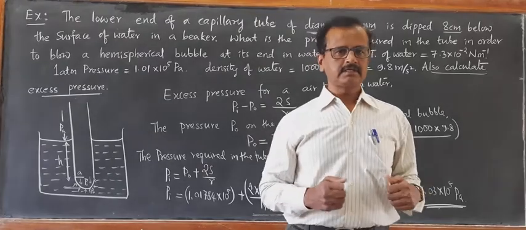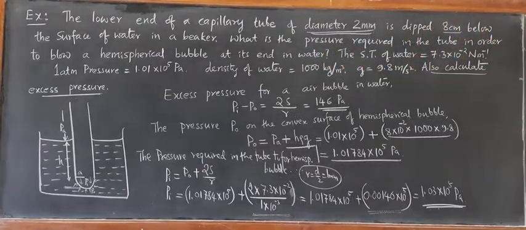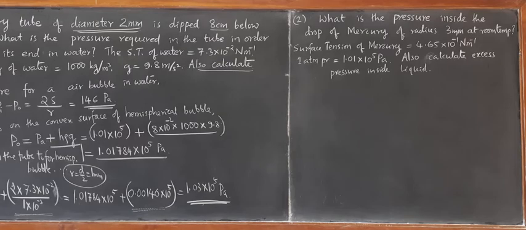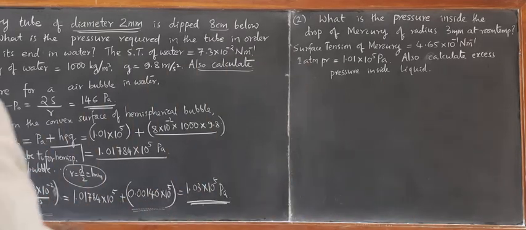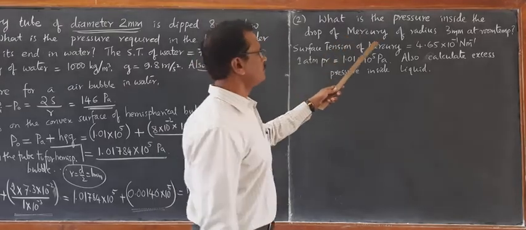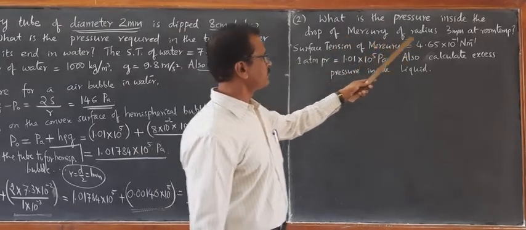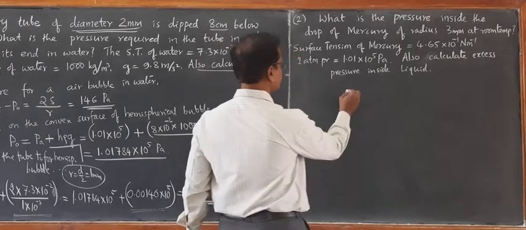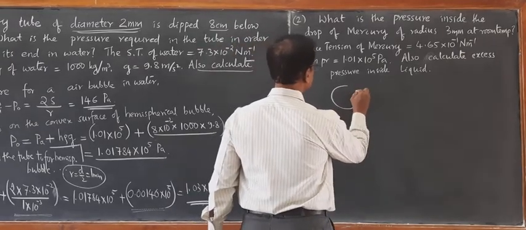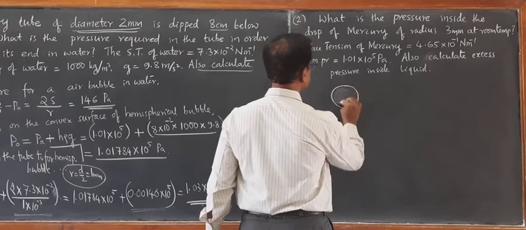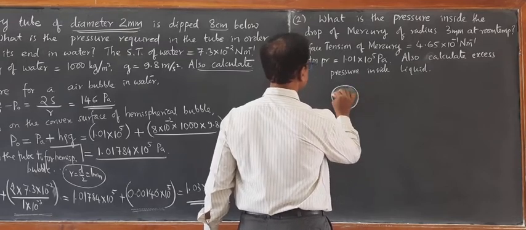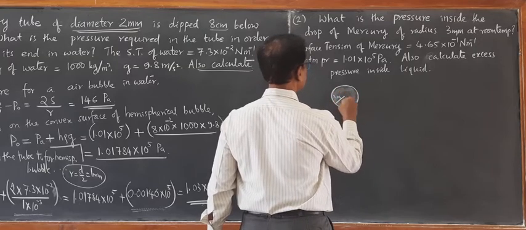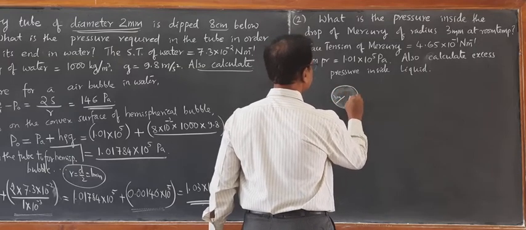Okay. Let us solve one more problem. Now look at one more simple problem. What is the pressure inside the drop of mercury? Here it is a liquid drop of mercury of radius 3 mm at room temperature. You are asked to calculate what is the Pi.